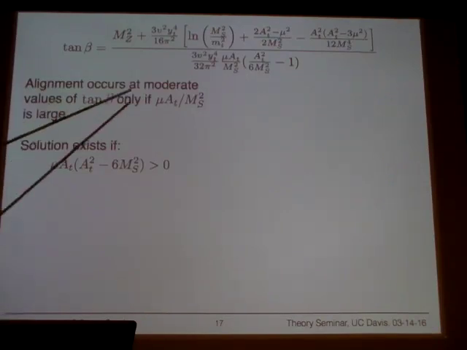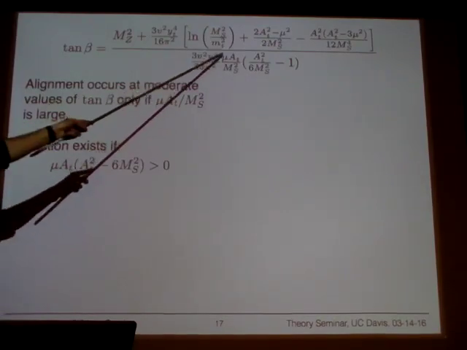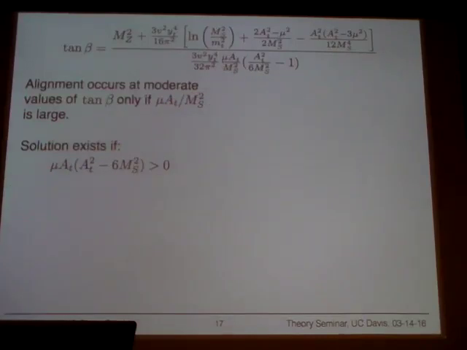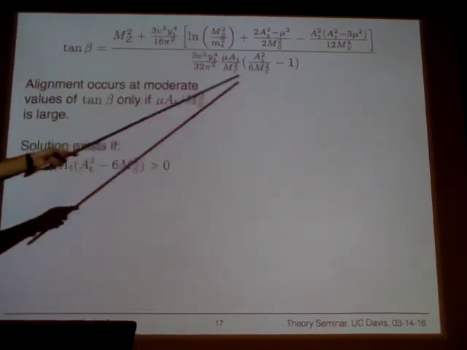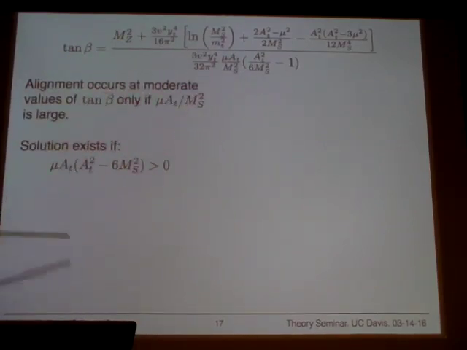And this can only be done by really cranking up this mu times A_t over M_S squared. So you make the denominator large and you lower tan beta. Also, one has to notice that you need a positive value of tan beta, so the denominator also has to be positive, which gives you this condition on these parameters.